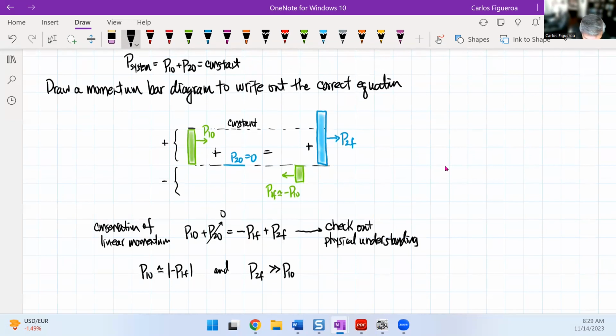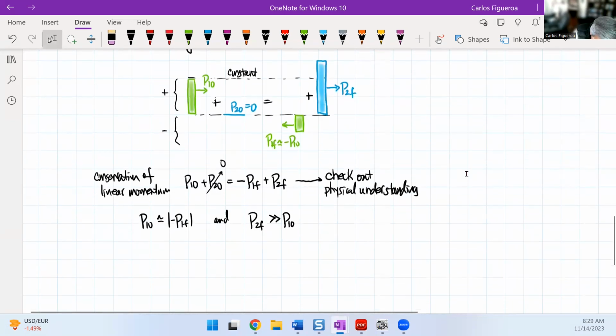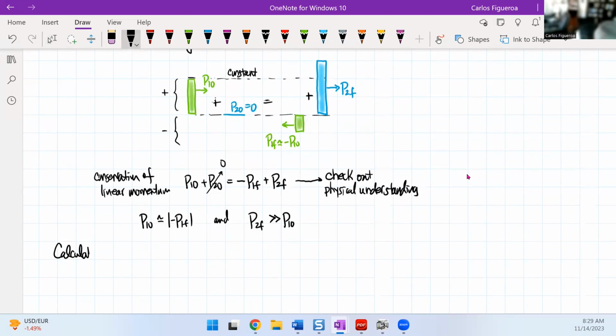Let's see if this is the case. So let's calculate these individual numbers here. Typically I would not do this, but I'm doing this because I want to show you if this picture is correct or not.